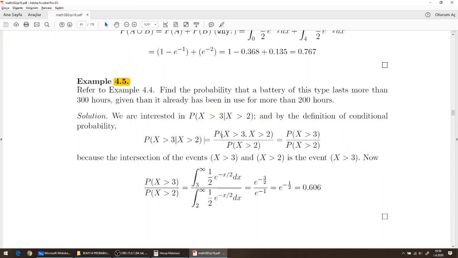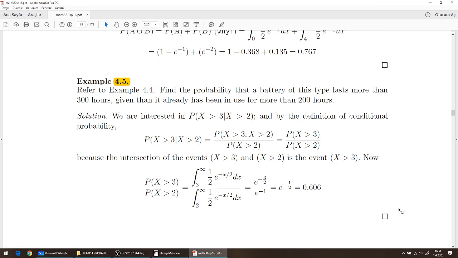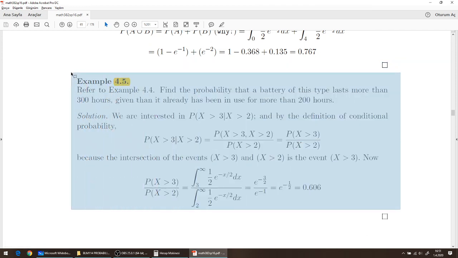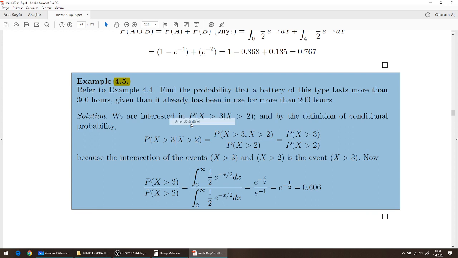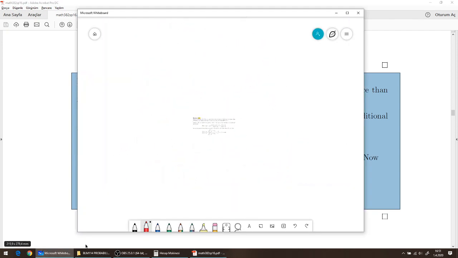We apply the conditional probability formulation, that is P of x is greater than 3 and intersection x is greater than 2.